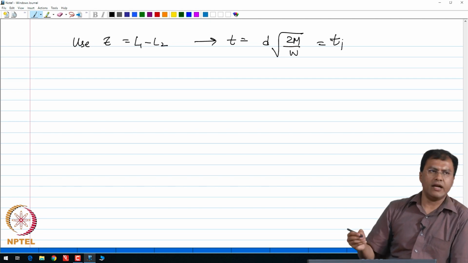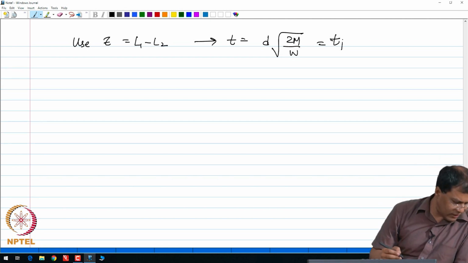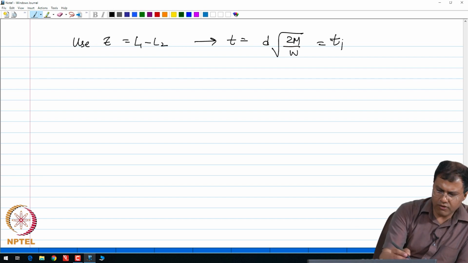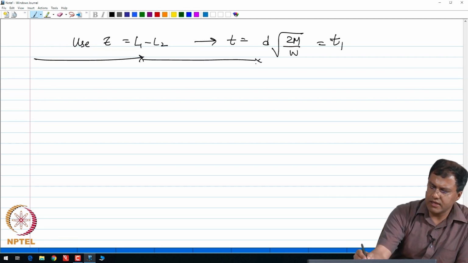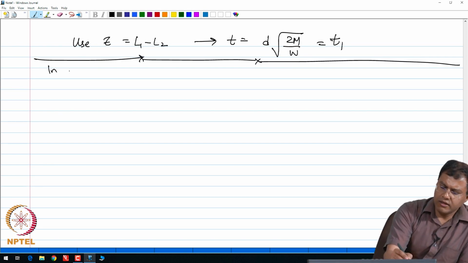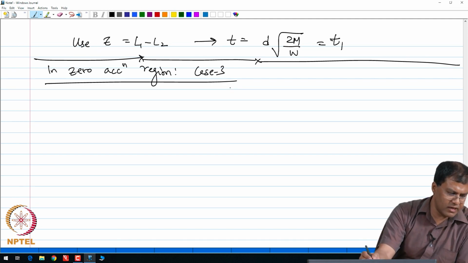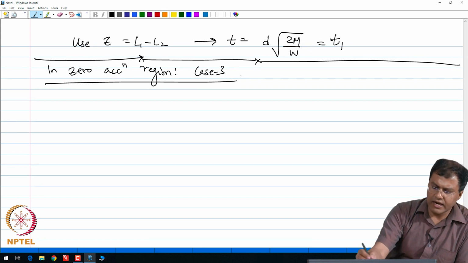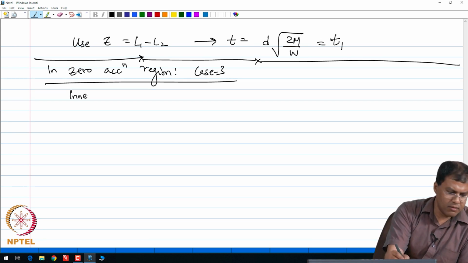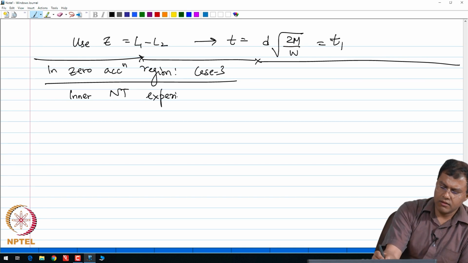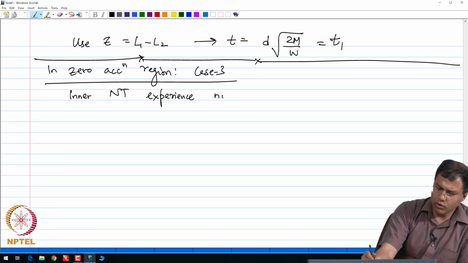Similarly, I can find out in the region of 0 acceleration, which is our case 3, that my inner nanotube experiences no force.